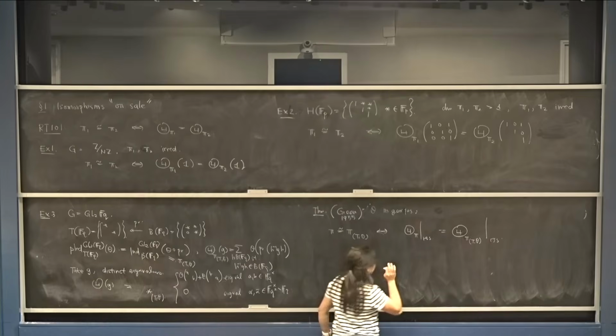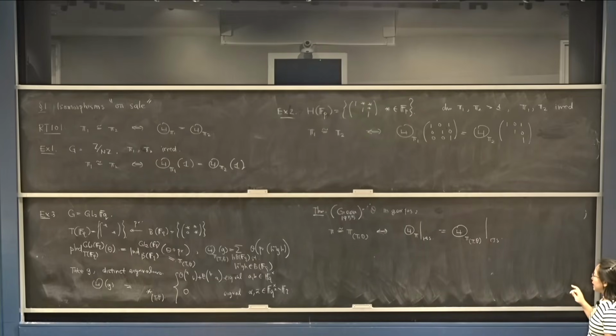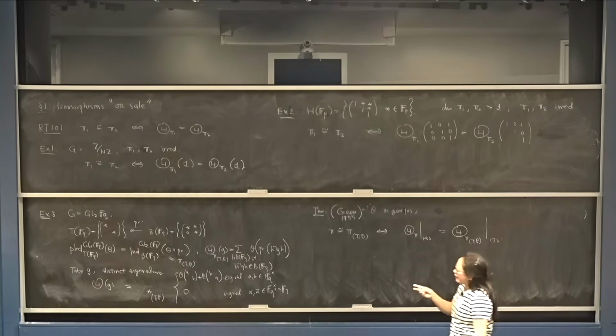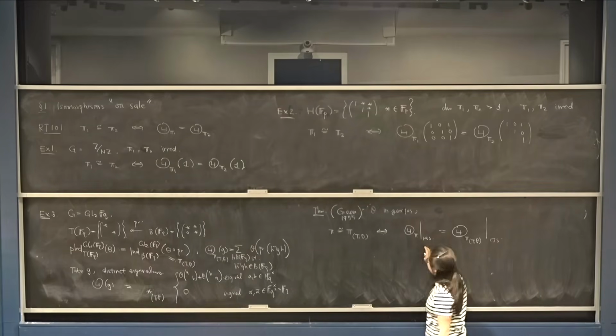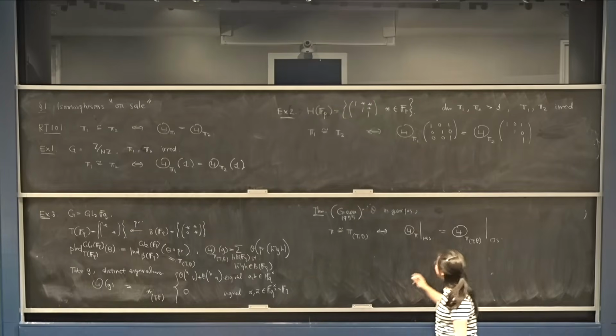Okay, so now there's some problem here, and the problem is that, say you were in F2. If you're in F2, then you don't have so many non-zero elements. So in particular, you can't choose two that are different. And so you won't ever have anything lying in this first case.